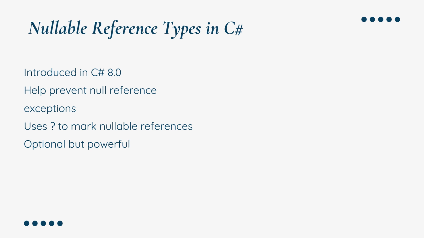And if we use just string, this means it should never be null. And the best part is the compiler helps you. It gives you a warning if you ignore a possible null. It tells you, hey, this might be null, and are you sure you want to use it?